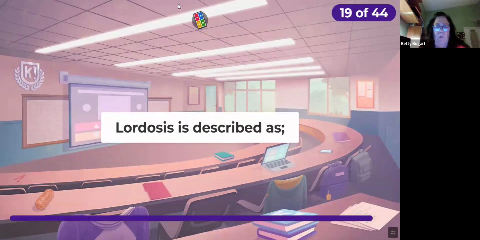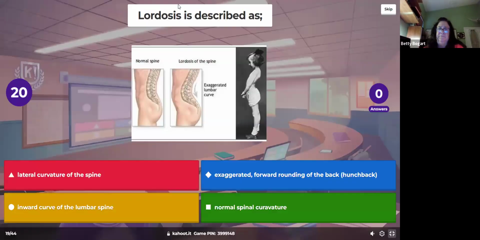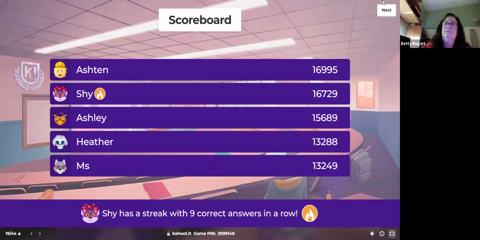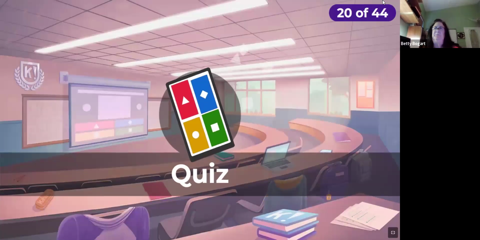Lordosis is described as what? Remember, this is the one that Duchenne muscular dystrophy children usually have. And they usually are a little bit overweight, the Duchenne. So it's the inward curve of the lumbar spine. You sort of walk leaning backwards.